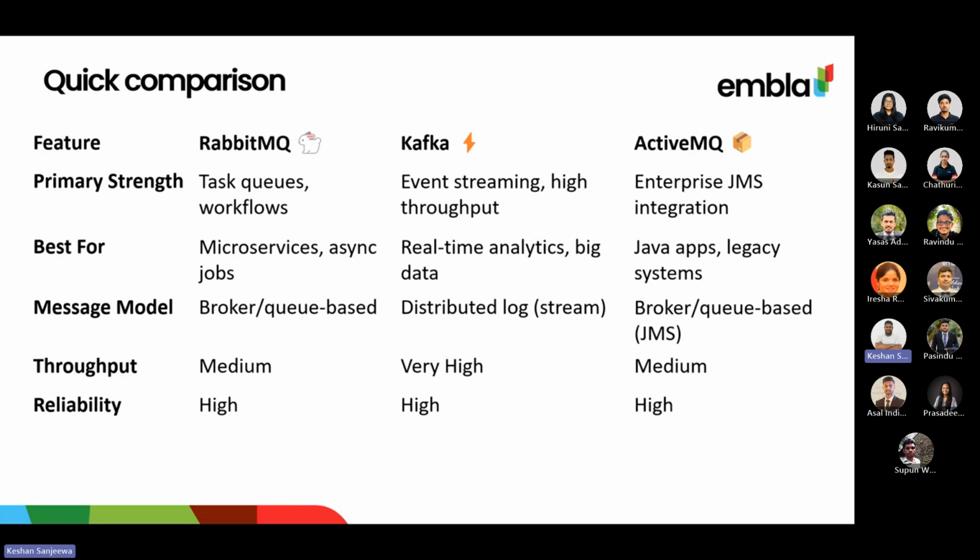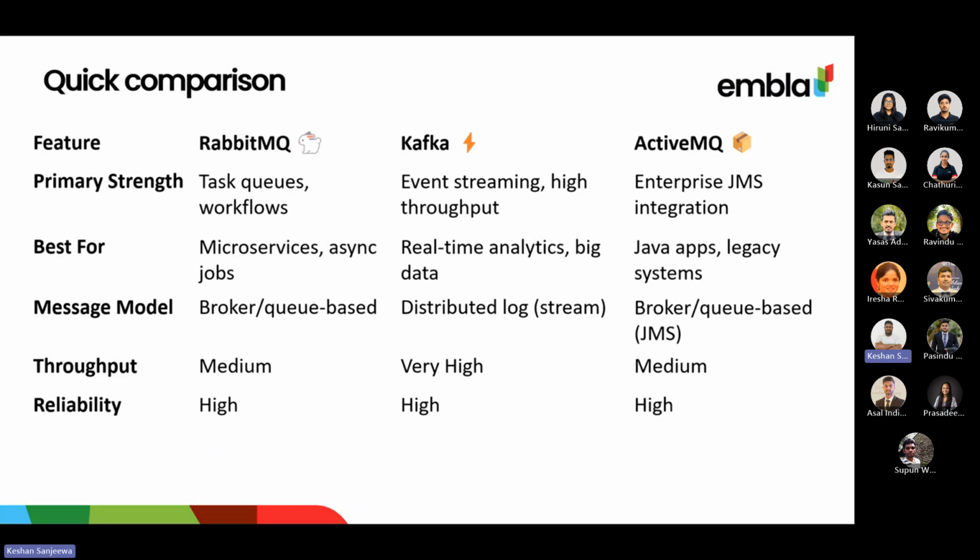And ActiveMQ is used in enterprise JMS integration. RabbitMQ is mostly used for microservices and asynchronous jobs. Kafka is used for real-time analytics and big data processing. But ActiveMQ is used for Java applications and legacy systems.